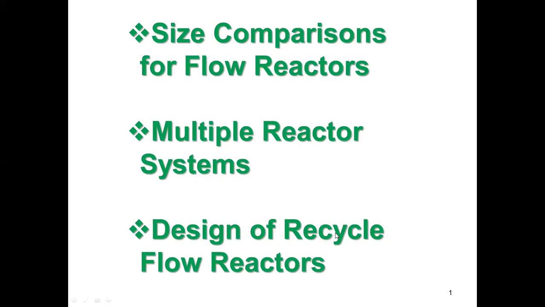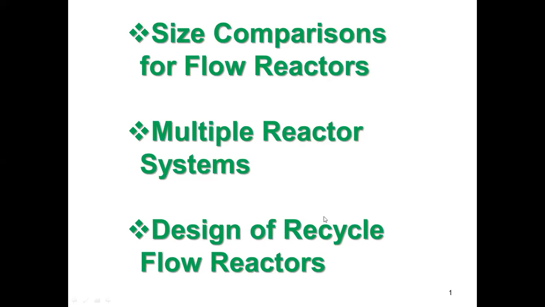And then we will have the design of recycle flow reactors. What is happening when we recycle a portion of, let's say, the product stream of a particular reactor and use it as a feed, either on that same reactor or on the succeeding reactor, part in the succeeding reactor and part on the same reactor.